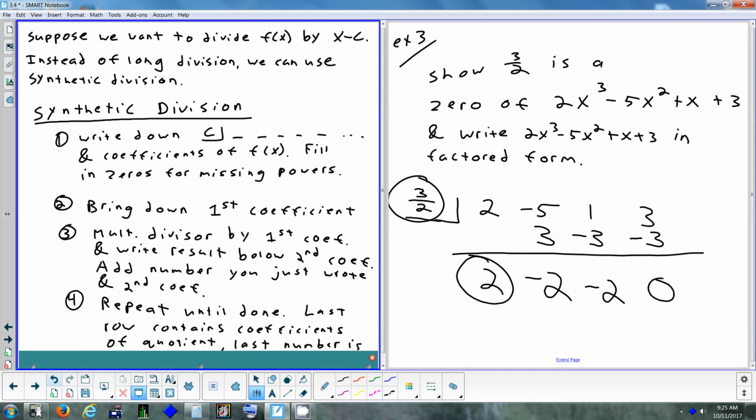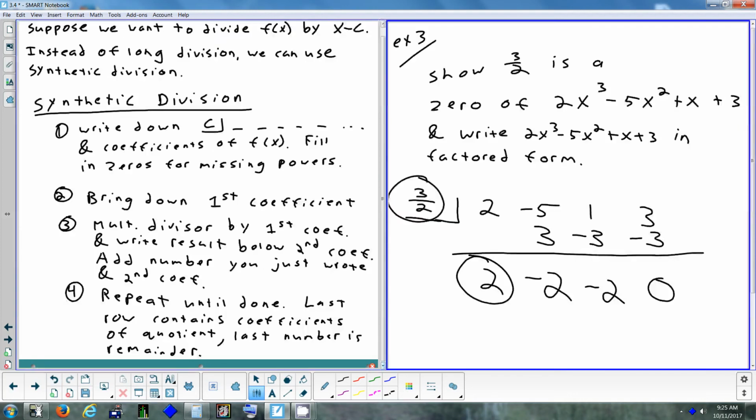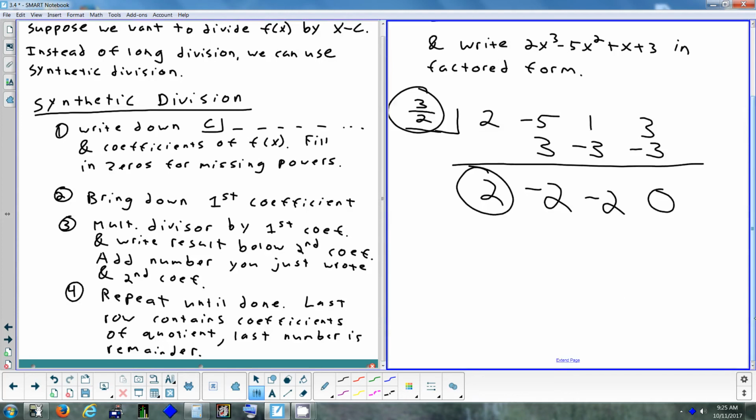Does anyone have a guess what the 0 is? That's your remainder. The last row that we just created contains the coefficients of the quotient. So this is your quotient, and this is your remainder.